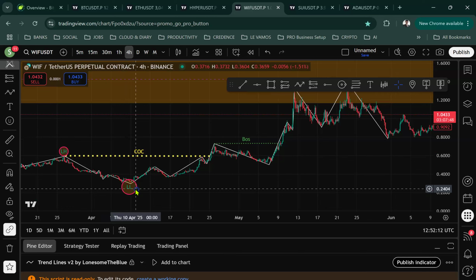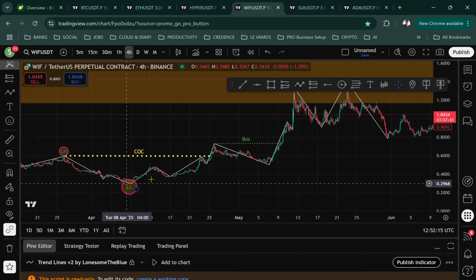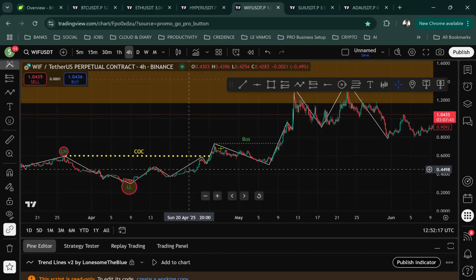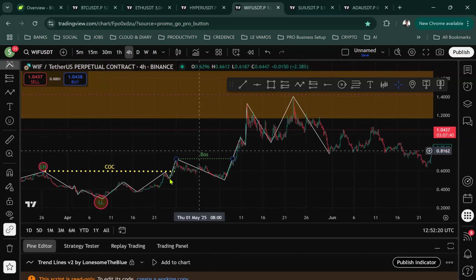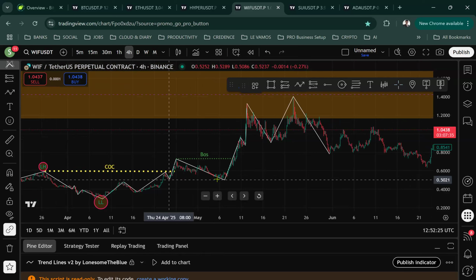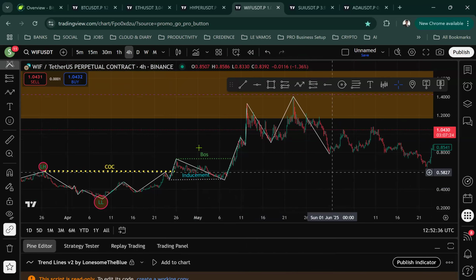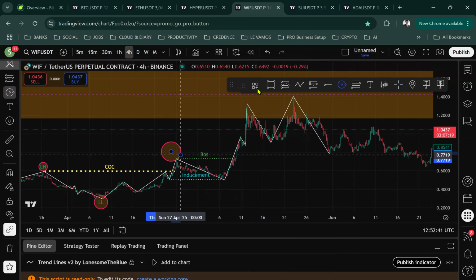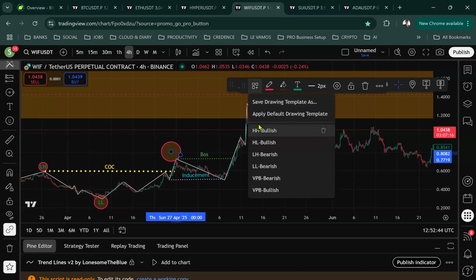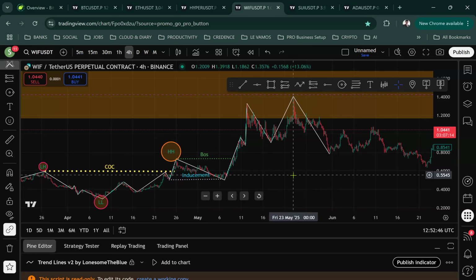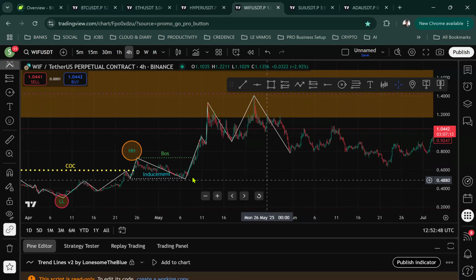The impulsive move started from here. Then we had an inducement and correction, right? Yes, exactly, that is the inducement here. So this is a confirmed higher low.